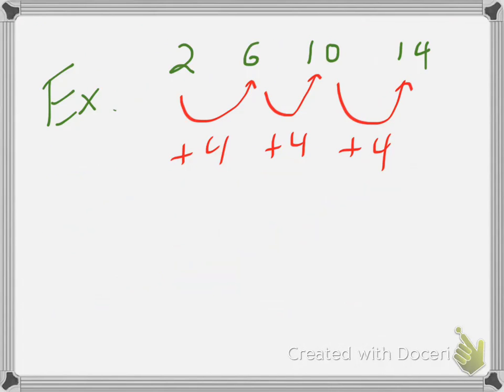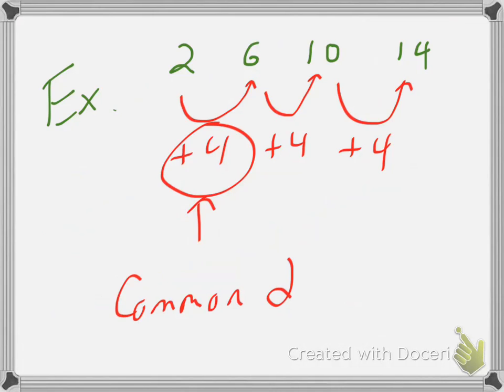This is an arithmetic sequence because it changes by 4 each time. The 4 is considered the common difference, which is also shown with a D. So people put D is equal to 4 because that's a common difference.